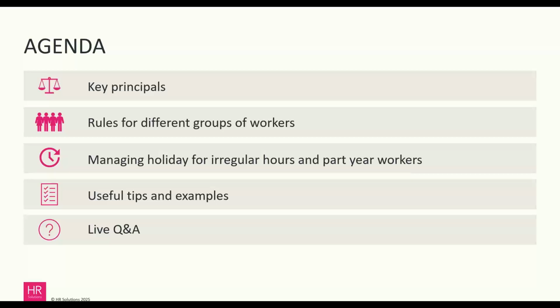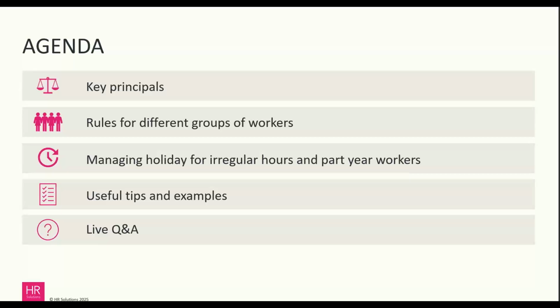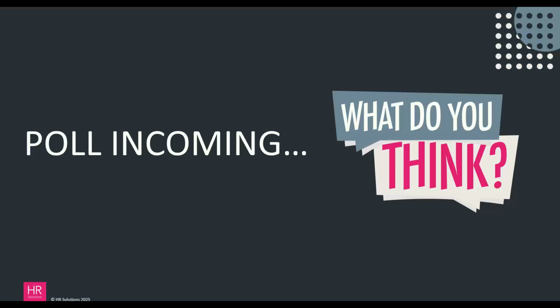We're then going to focus specifically on managing holiday rules for those who work irregular hours or part-year workers, and that's the area that's the most complex. And then towards the end, we'll cover off sharing some useful tips, and we've got some examples to take you through as well. And then, as I said, at the end, we'll aim to answer your questions on holiday calculations.